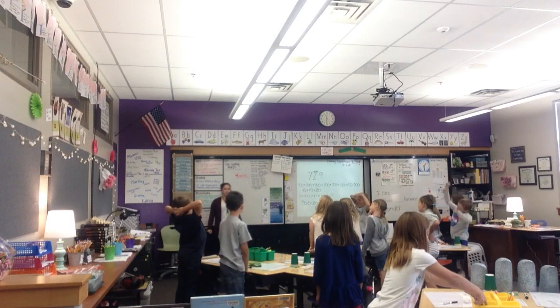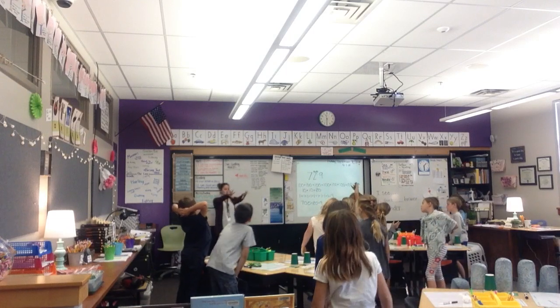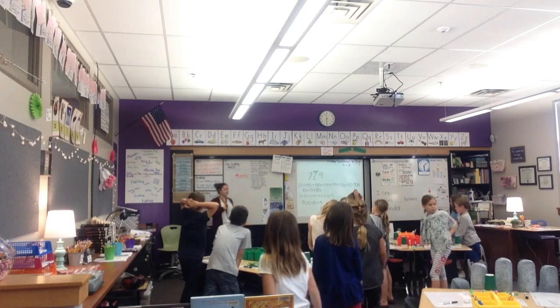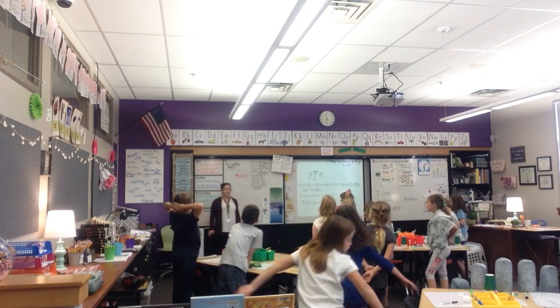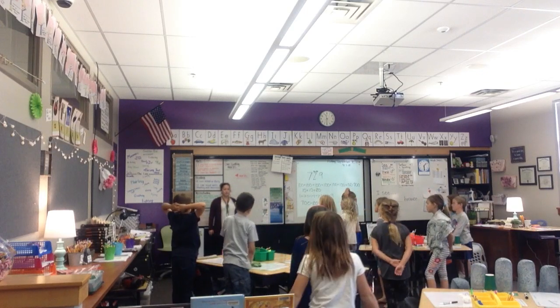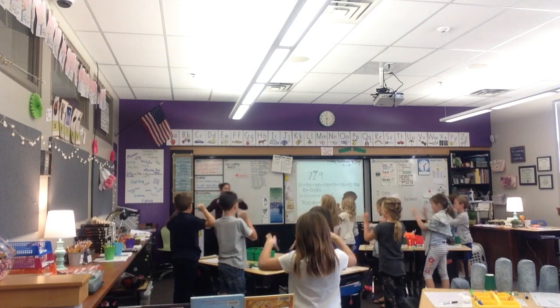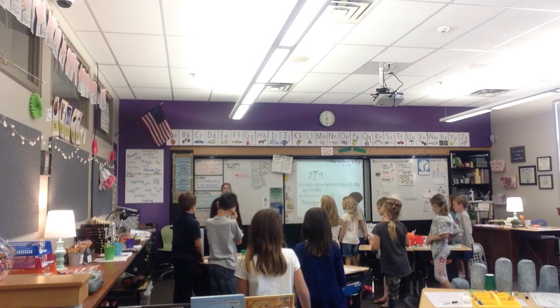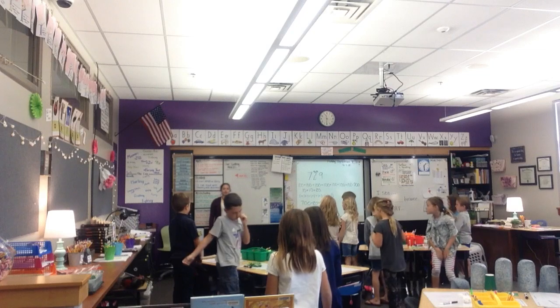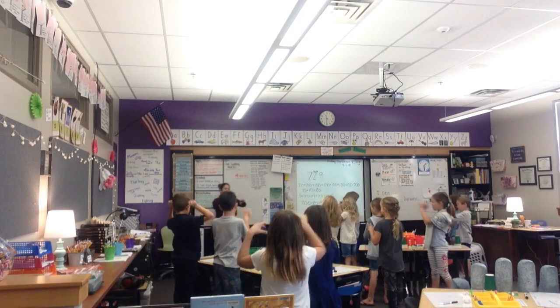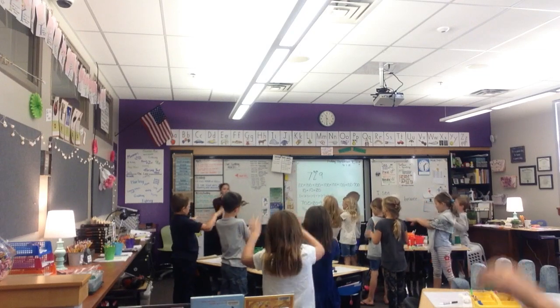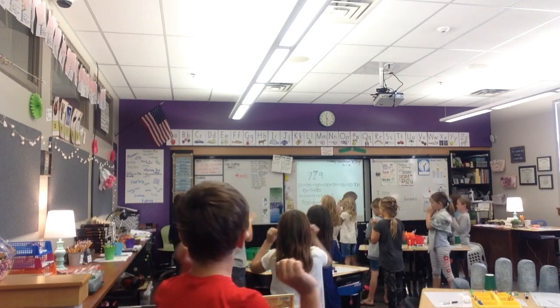And if it's 20, I want you to go 10, 20, okay? The number is 30. 10, 20, 30. What about 70? Ready? 10, 20, 30, 40, 50, 60, 70.